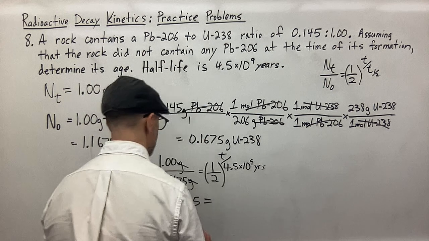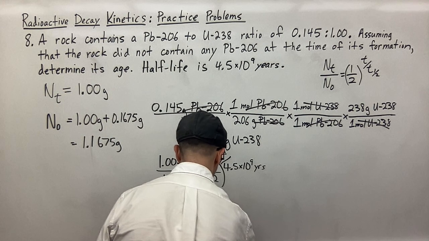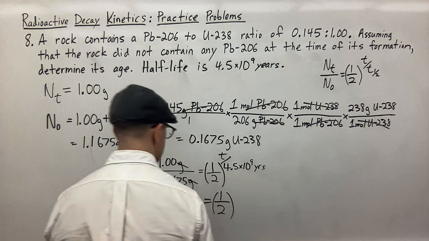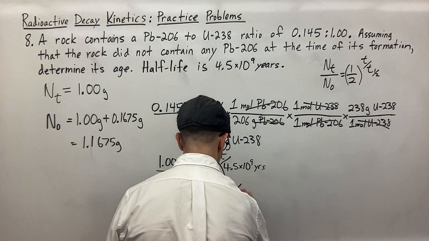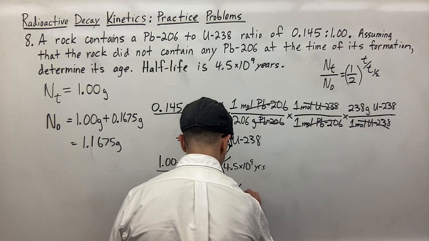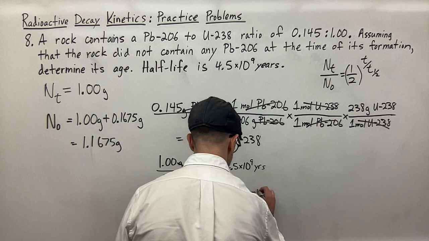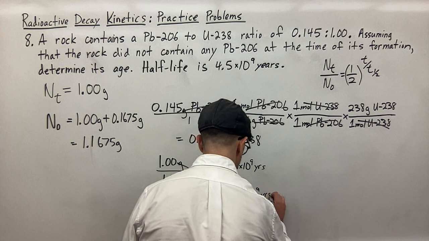So now I have that 0.8565 is equal to 1/2 raised to the power of t over 4.5 times 10 to the 9 years.